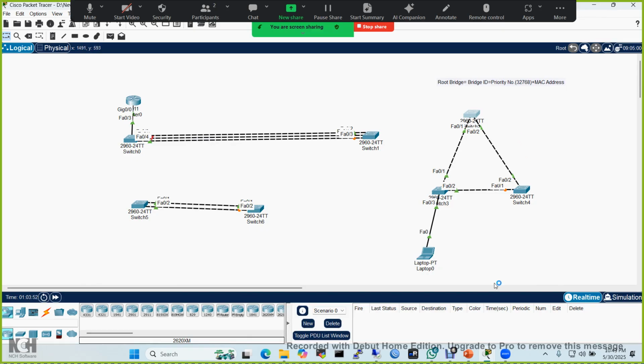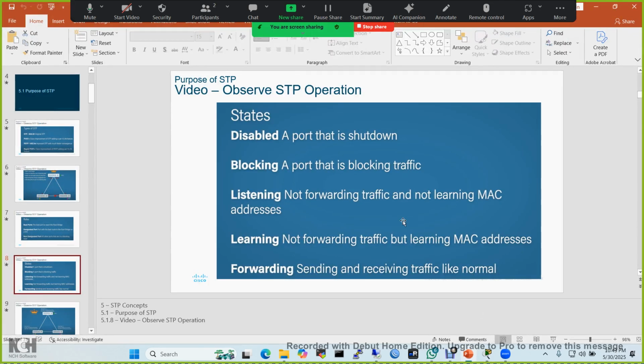This is the two status. These are the testing status, not the stable status, isn't it? And after these two testing stages, it will go to either forwarding or blocking. That means a switch has three stable status.